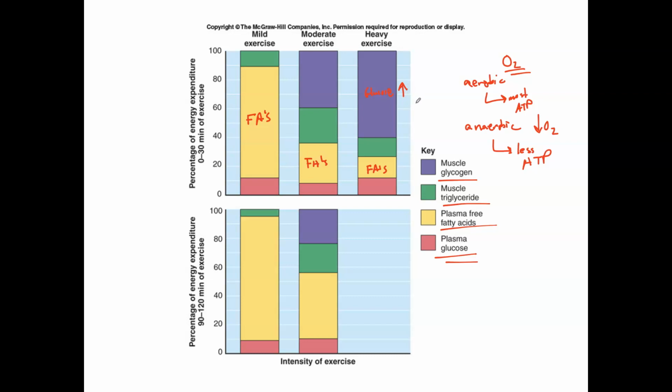So as intensity increases and as oxygen availability declines, then our ATP production from fatty acids is going to decline as we shift utilization to glucose levels.